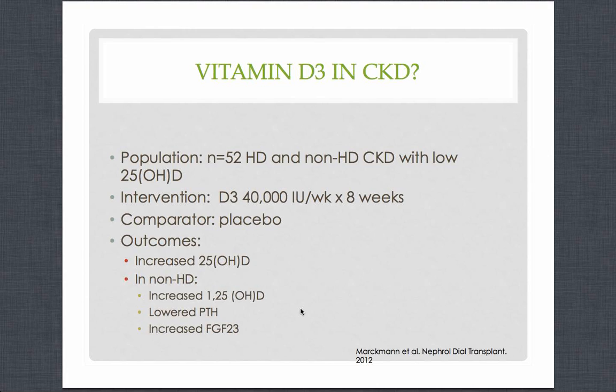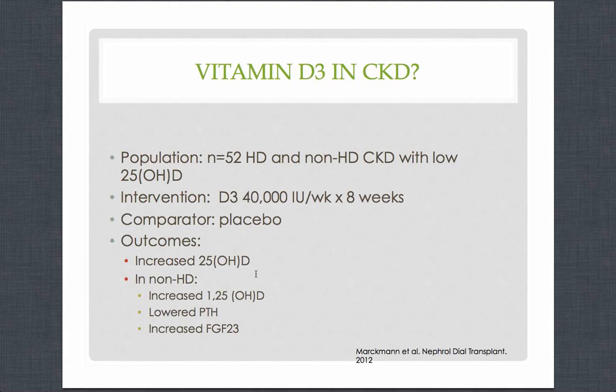Another clinical trial took only 52 patients on hemodialysis, and then some patients without hemodialysis. They were given 40,000 IUs of vitamin D3 per week for 8 weeks. Their outcomes showed an increase in vitamin D status, and in the non-hemodialysis patients, the active vitamin D 1,25 increased. It lowered parathyroid hormone, and it lowered some biomarkers related to renal fibrosis, specifically FGF23.